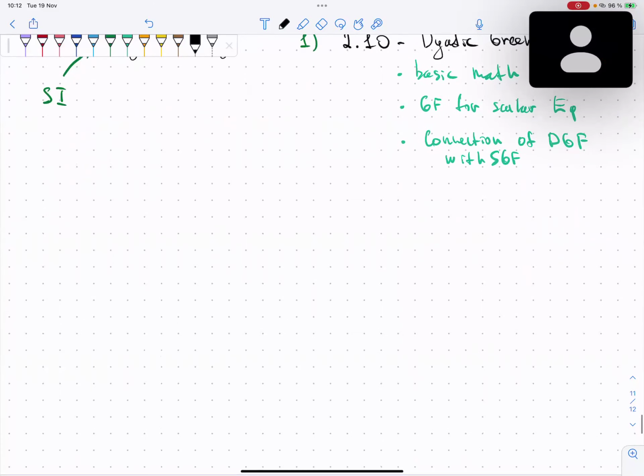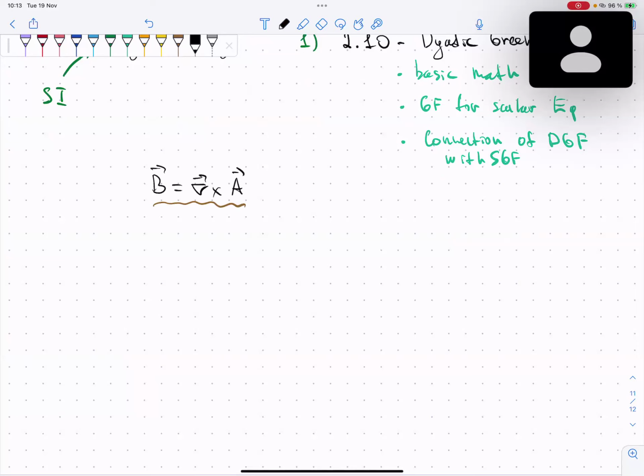Okay, so basically, from Maxwell equations, just in case somebody doesn't know, you can introduce two potentials: a vector potential like this, and a scalar potential.